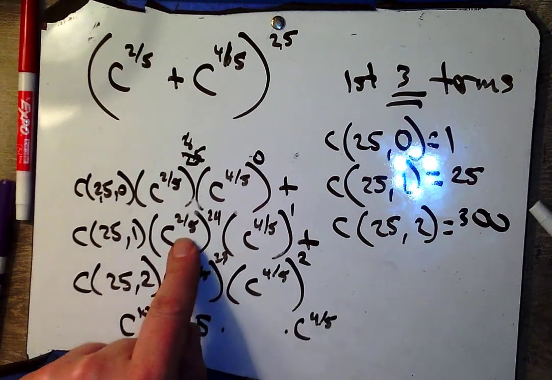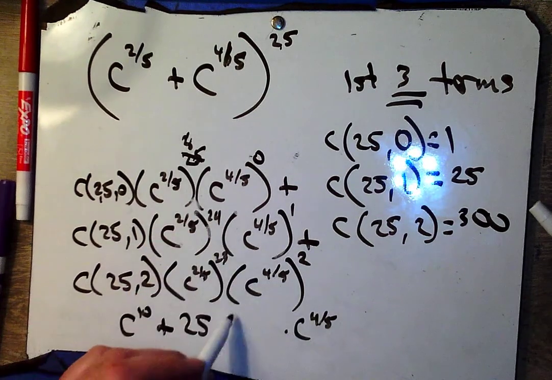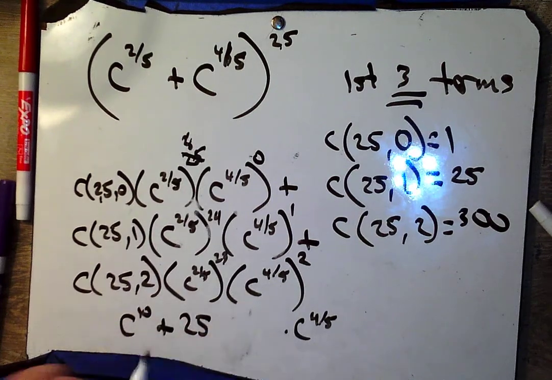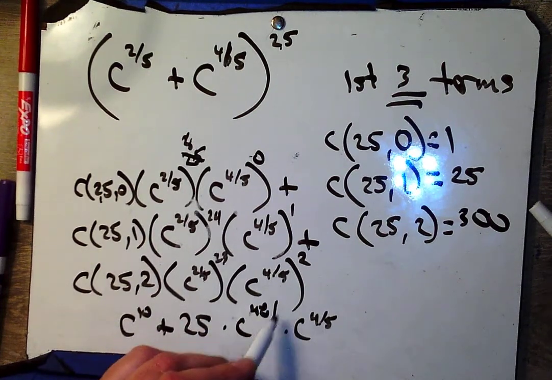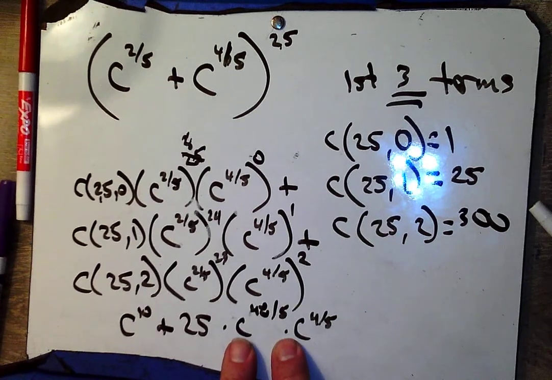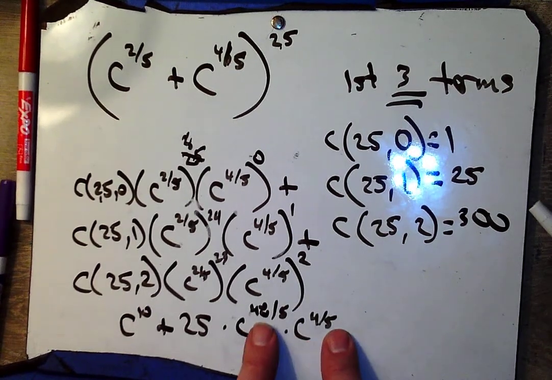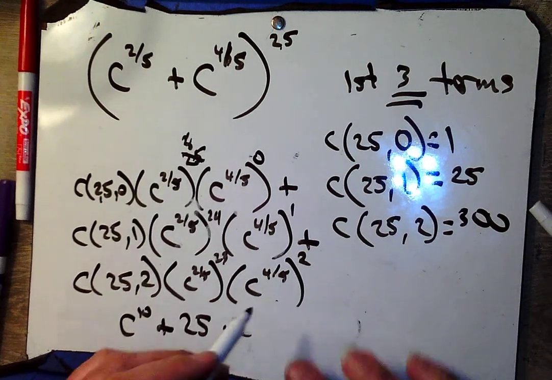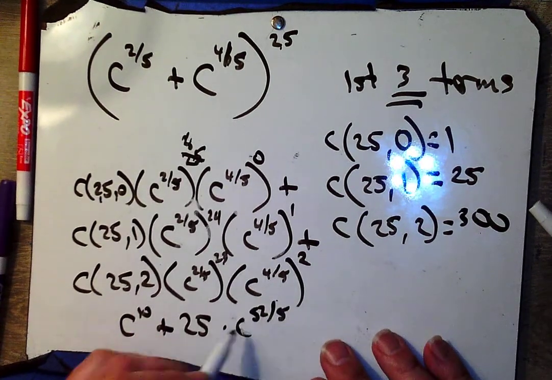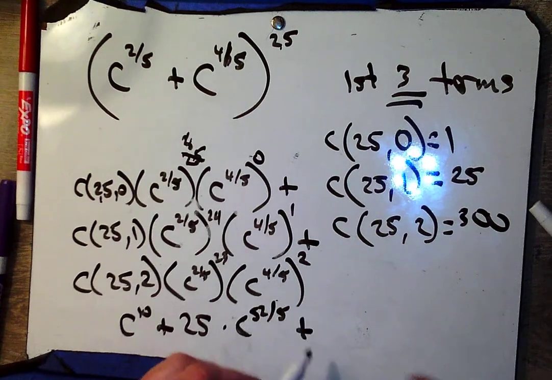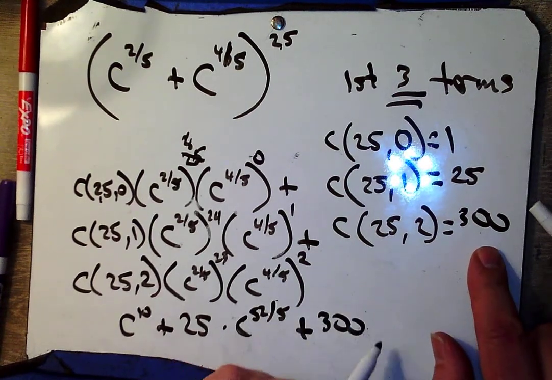And what about here? Well, I got 48/5. Oops. C to the 48/5. Hey, and if I'm multiplying and the bases are the same, can't I add these exponents? So 4 plus 48 is really going to be 52/5, plus 300.